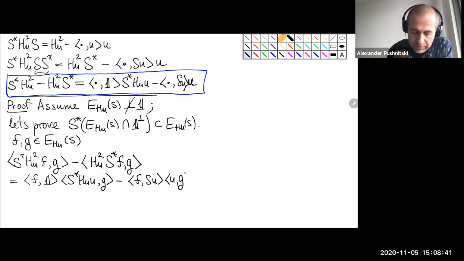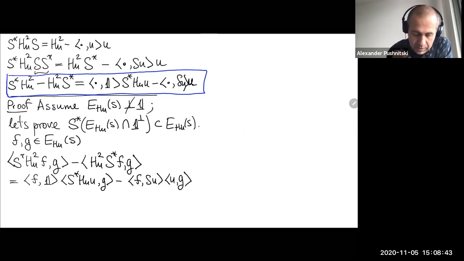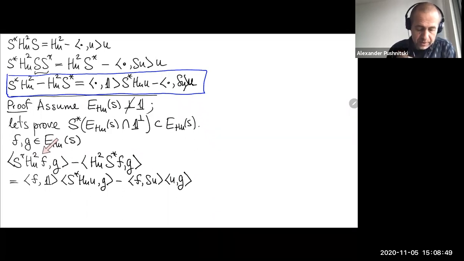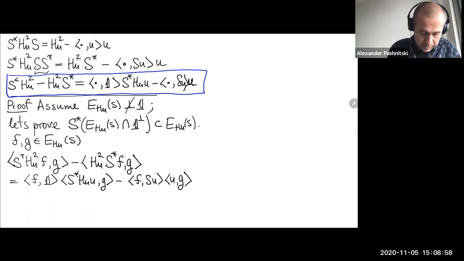Now let's look at the left-hand side first. In the left-hand side, HU squared f is just S squared f, because remember we are in the Schmidt subspace.